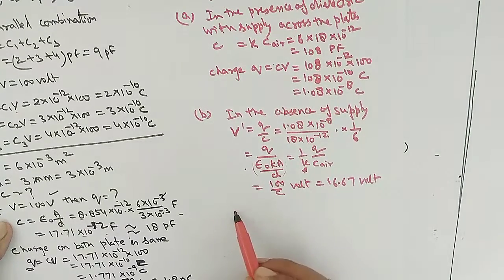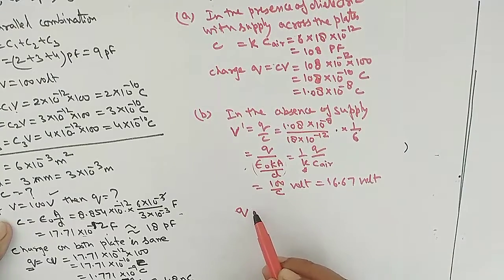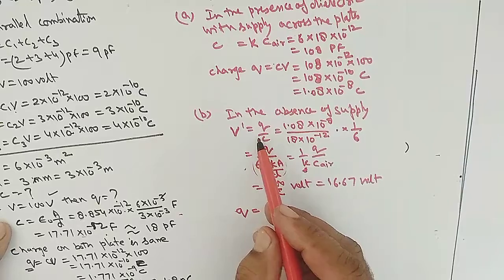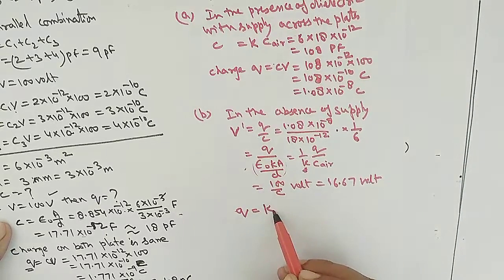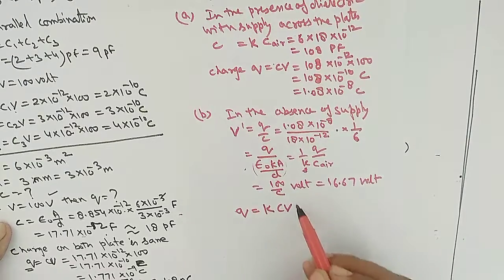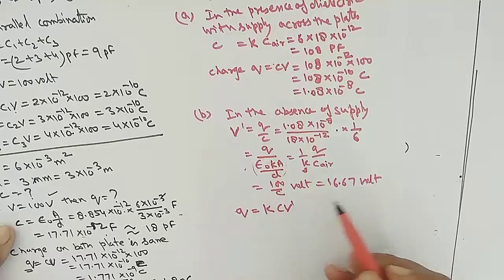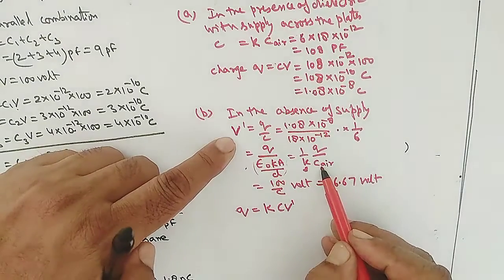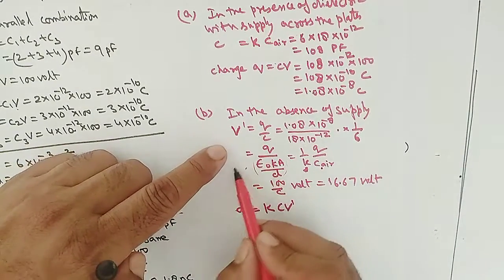Okay, now see what will be the charge. So from here, Q is equal to K into C V dash. It was the V dash.